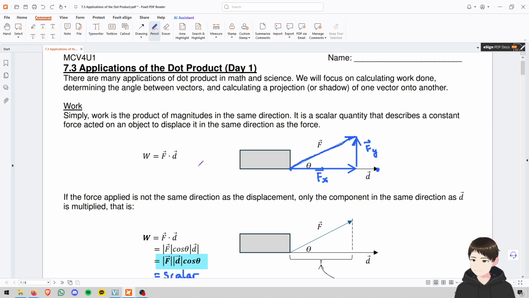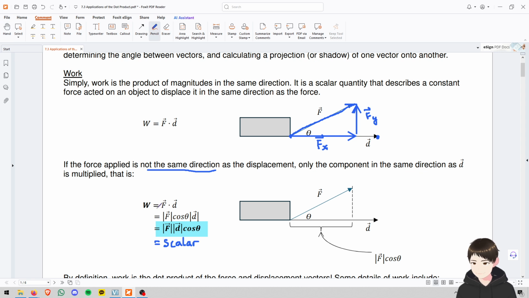Okay, so a little thing here. If the force applied is not in the same direction as the displacement, only the component in the same direction is multiplied. So what am I trying to say?